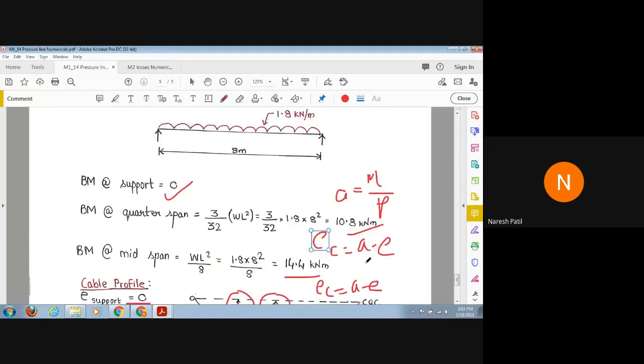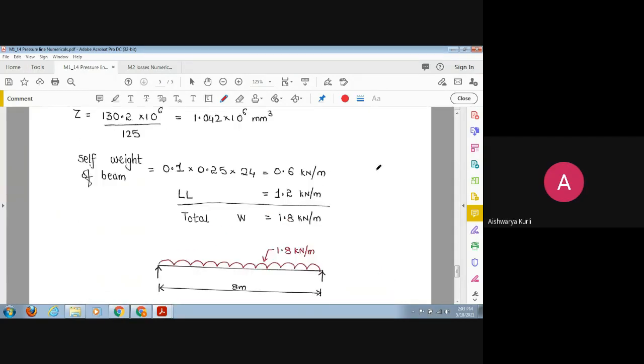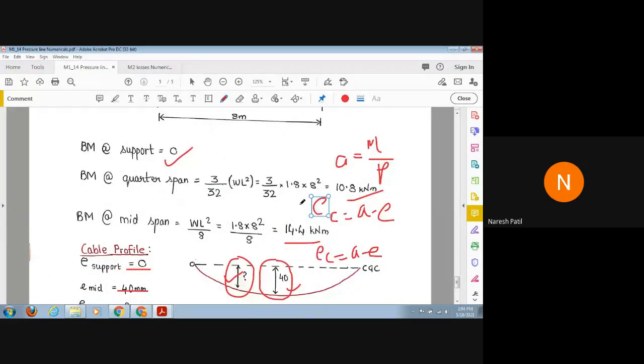That is the eccentricity at quarter span. What did you get for EC at quarter span? 13.2, correct? Yes, sir. Okay, so EC at quarter span we got 13.2.